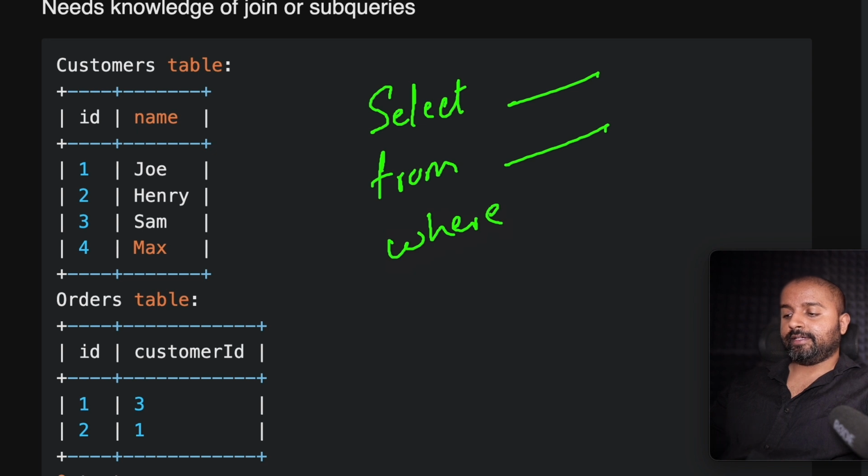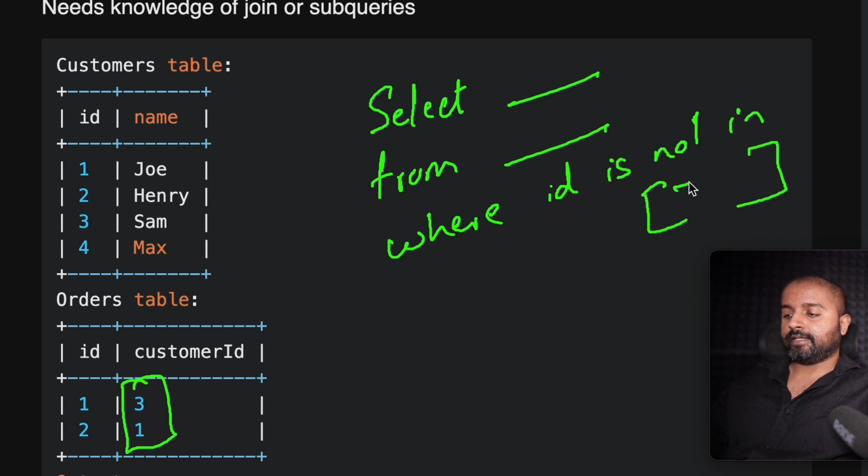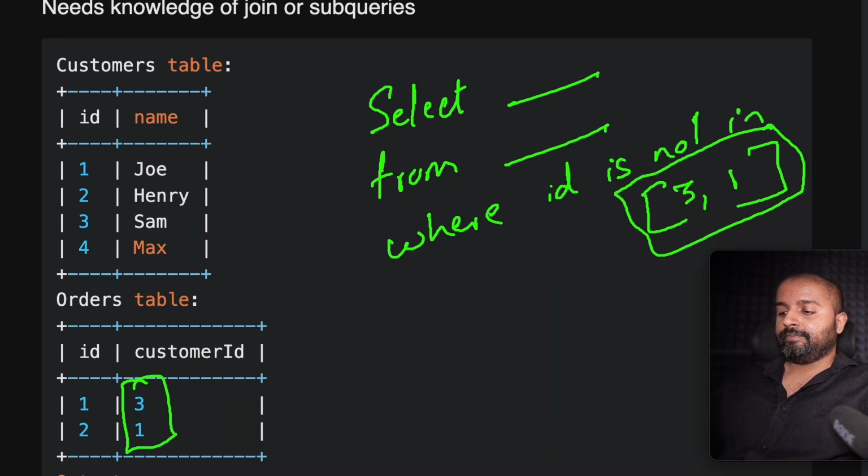And in this filter, is it possible to give these two values so that we can write where id is not in this list? In our case, we have 3 and 1. So if we're able to get this list somehow, then we can easily filter on this table directly and get all the users who are not in this table, which would be Henry and Max.